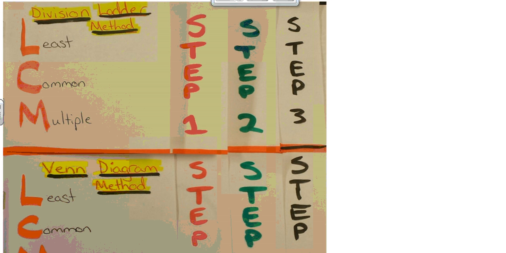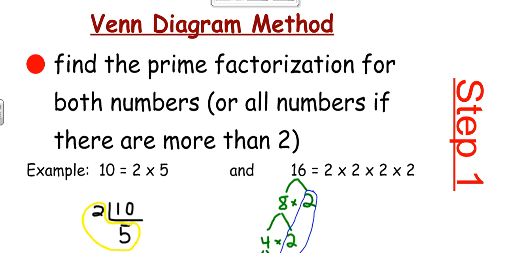This is what we're going to be completing today, involving the division ladder method and also learning the Venn diagram method. So let's move on. First, we want to look at the Venn diagram method, and the first step to finding the least common multiple using this method is to find the prime factorization for both of the numbers.